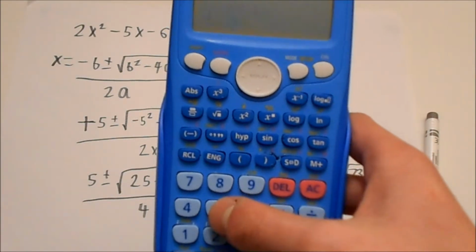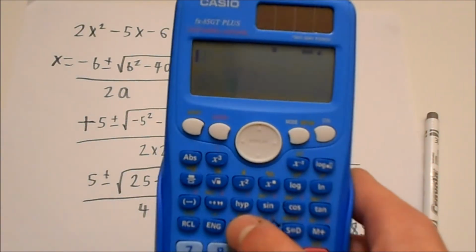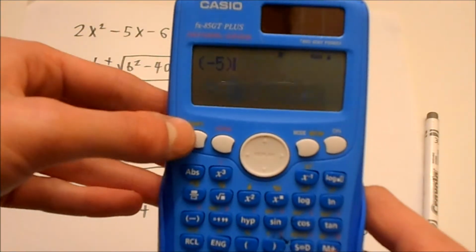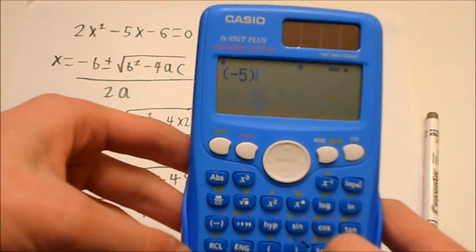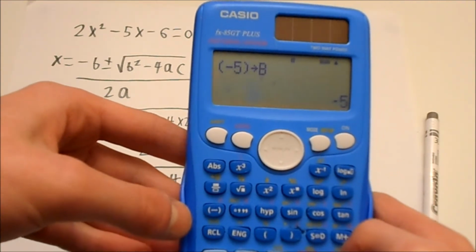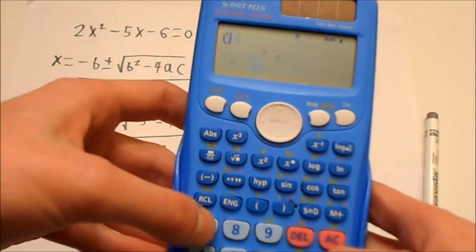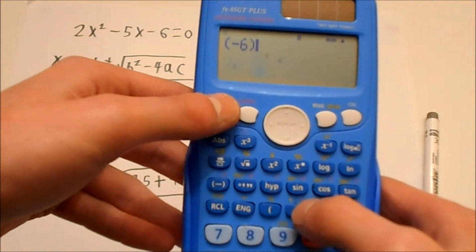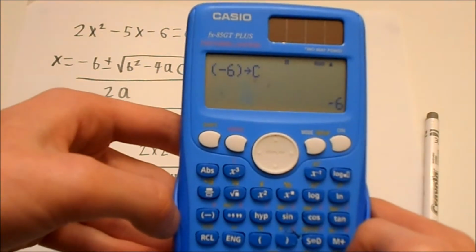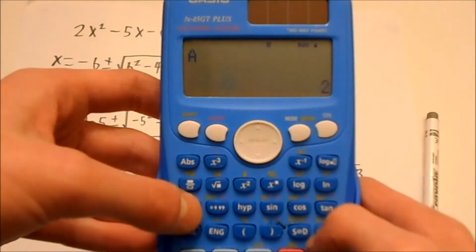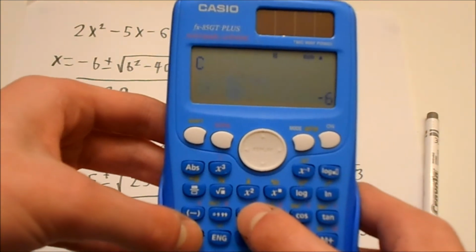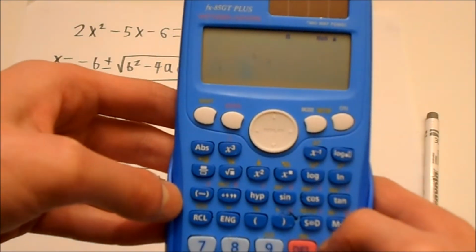So minus 5 would have to have these brackets, and then you store that as B, because minus 5 is b, and then the same for the minus 6, store as C, so minus 6 is c. A is 2, B is minus 5, and C is minus 6.